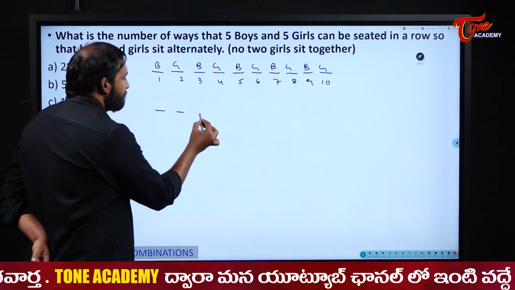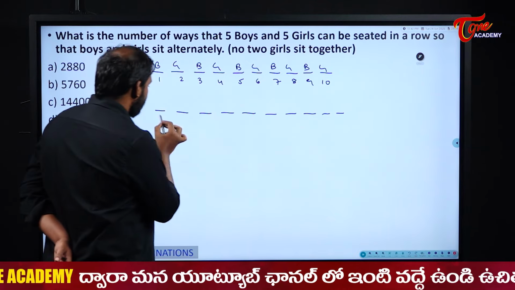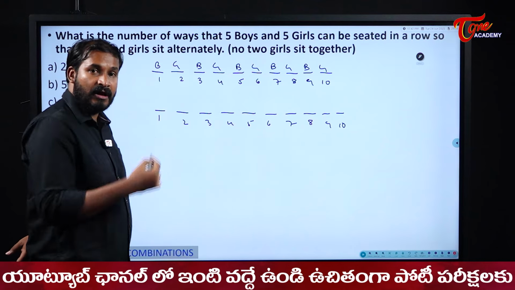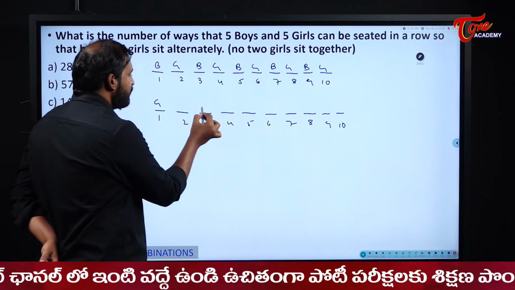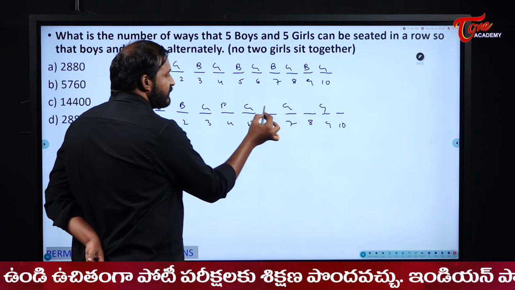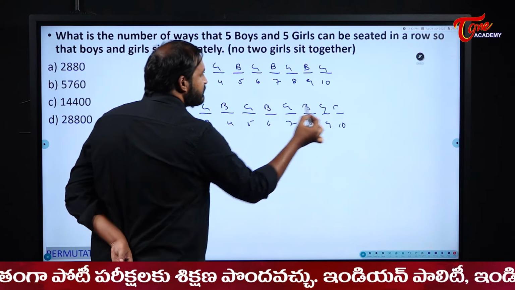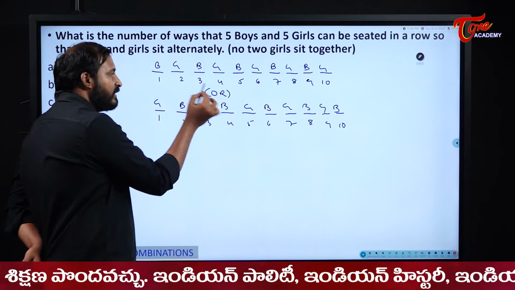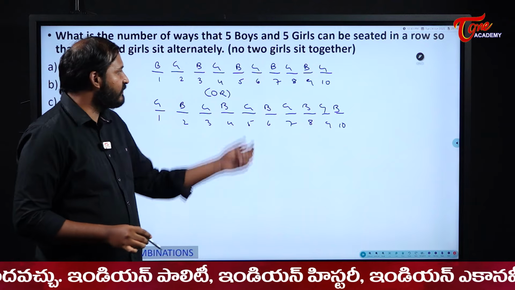Next, if girls occupy the odd positions, boys will occupy the even positions. Yes, this is also another chance. That means this condition or this condition. In any way, both the conditions will satisfy our given case. Why?